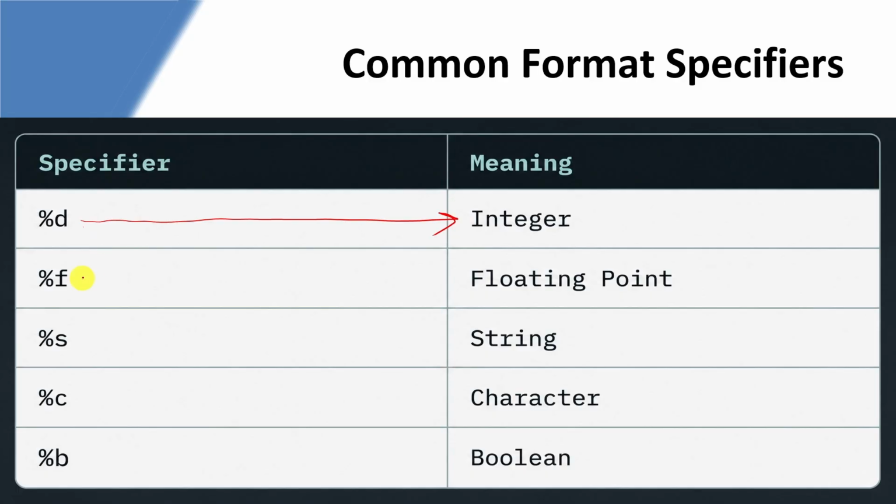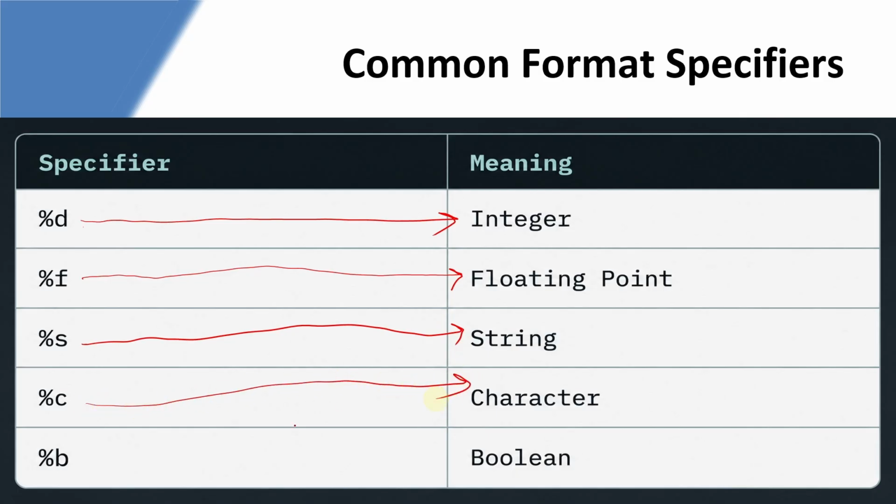And if we are passing %f inside the string of a printf statement, then we will pass a floating point variable. Similarly, we will use %s for string, %c for character, and %b for boolean. So these are format specifiers. We are specifying the format of which type we will be passing into a string.